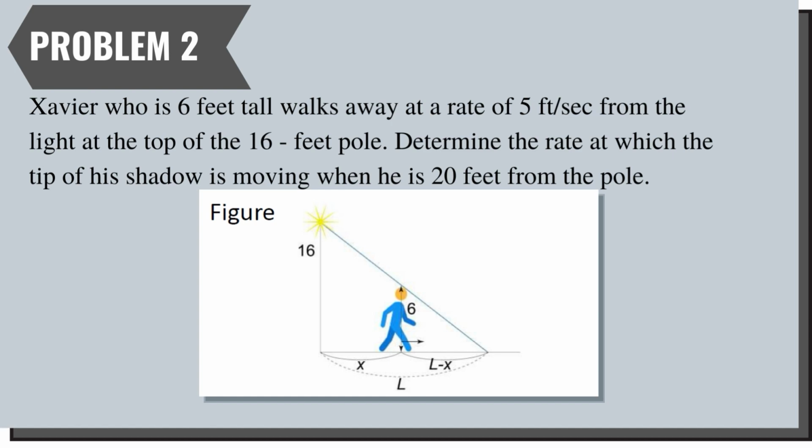So the rate at which he is walking away from the pole can be represented by dx over dt, which is equal to 5 feet per second. Then, we also have variable L, which represents the distance from the pole to the tip of the shadow. In that case, we are looking for dL over dt.